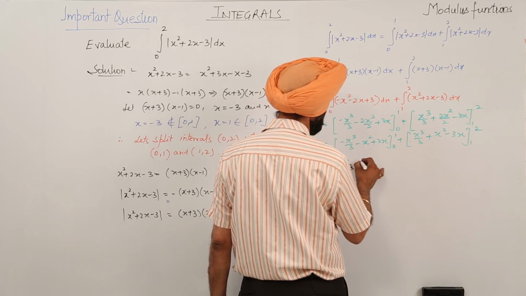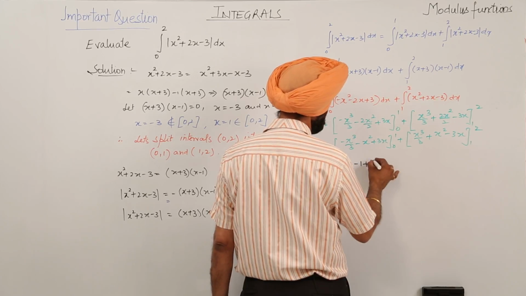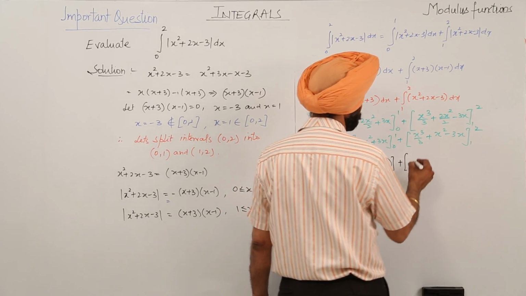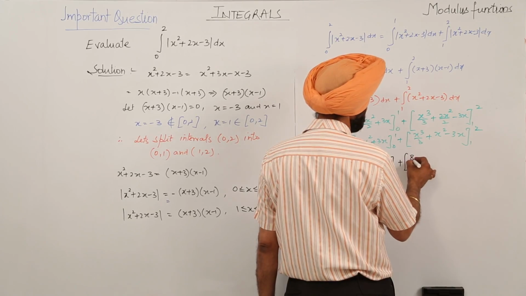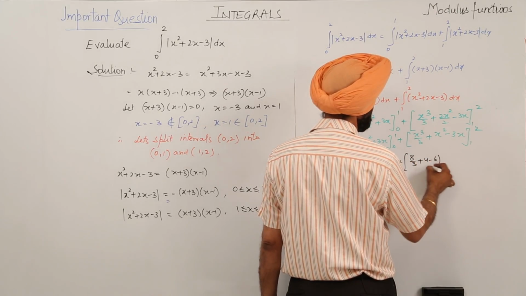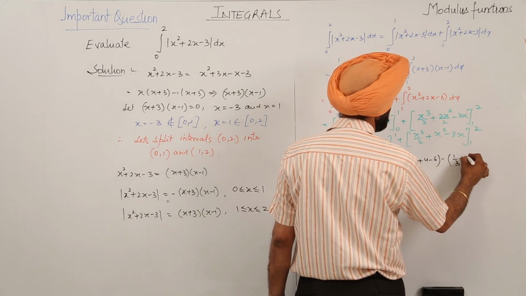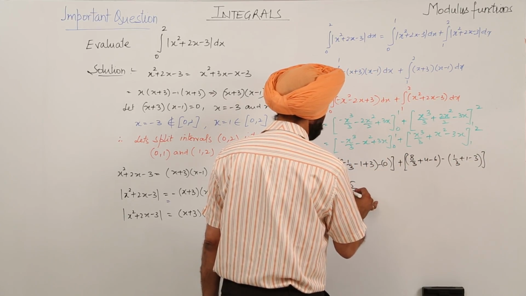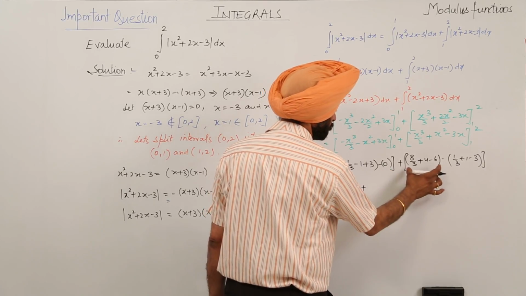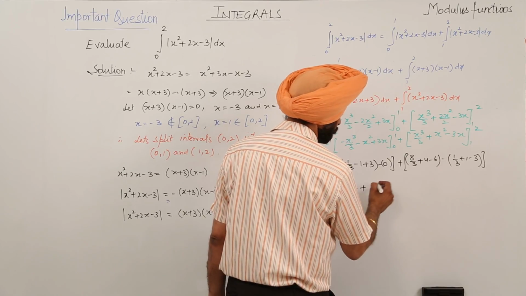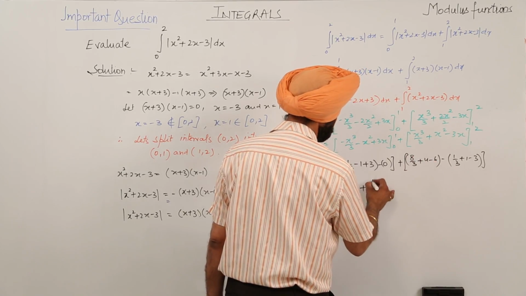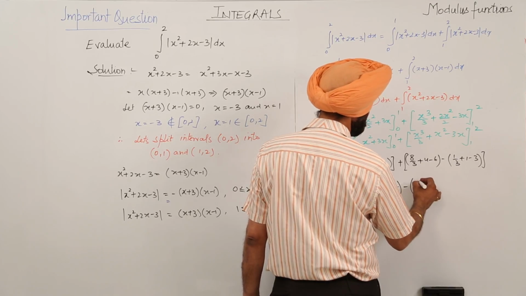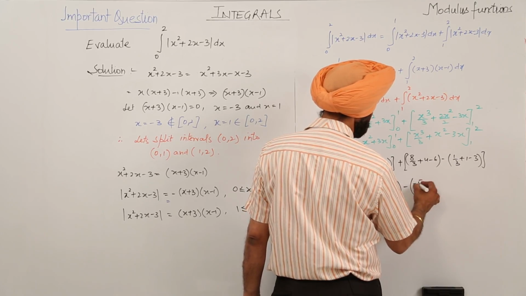Minus 1 by 3 minus 1 plus 3, minus 0, plus now we are having this will become 8 by 3 plus 4 minus 6 minus 1 by 3 plus 1 minus 3. 5 by 3 this part, plus now this part 8 by 3 plus 4 minus 6, 8 by 3 minus 2, minus 5 by 3.